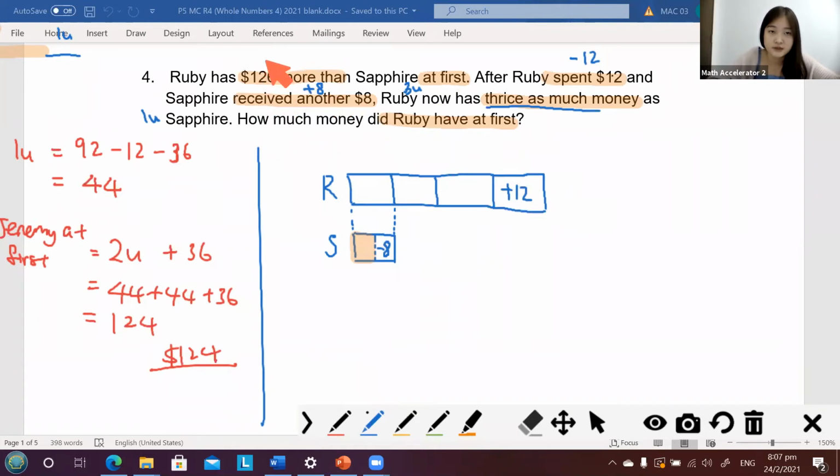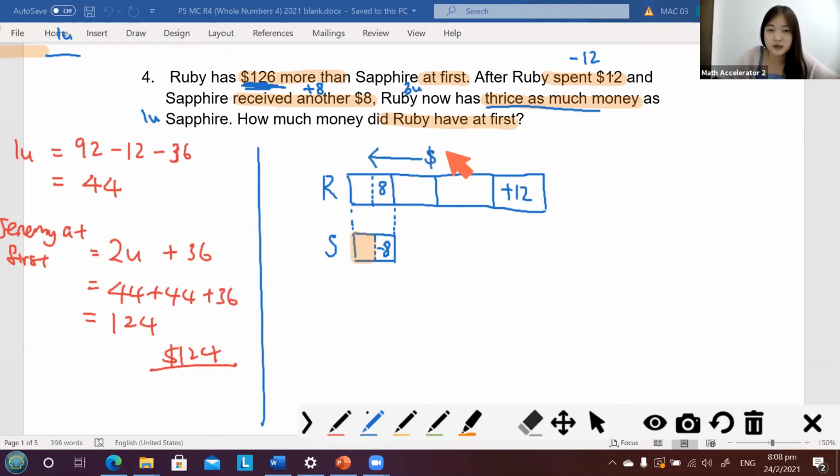This is at first. I'll give you a few seconds. Can you label 126 in your model? The 8, you can bring it up. So whatever is more than the highlighted part here for Sapphire will be the 126.